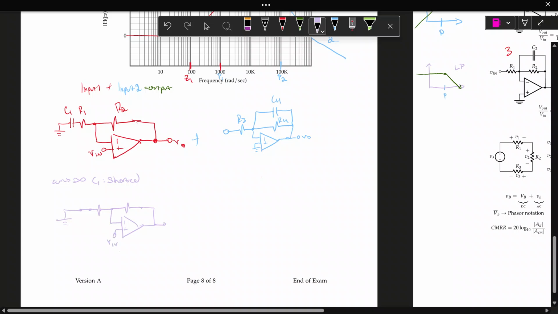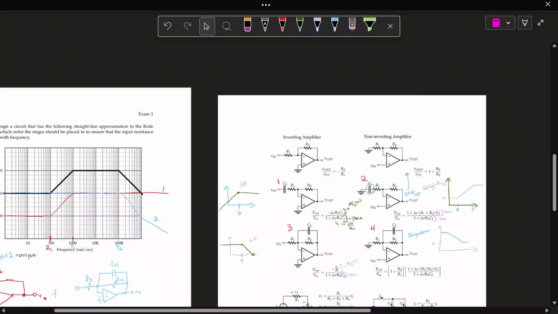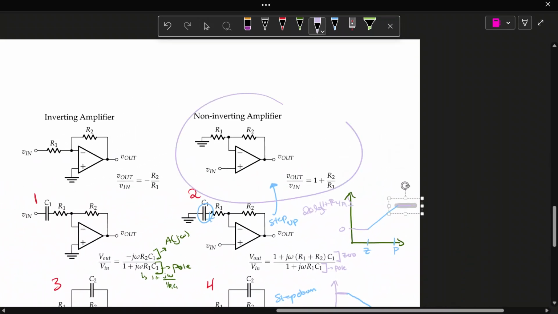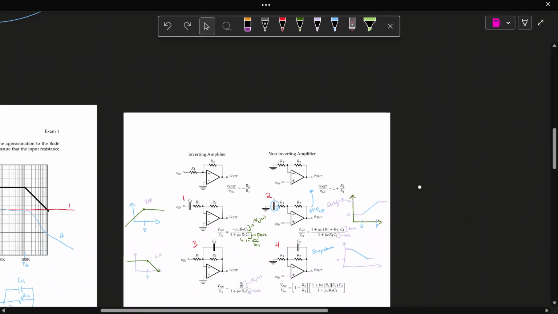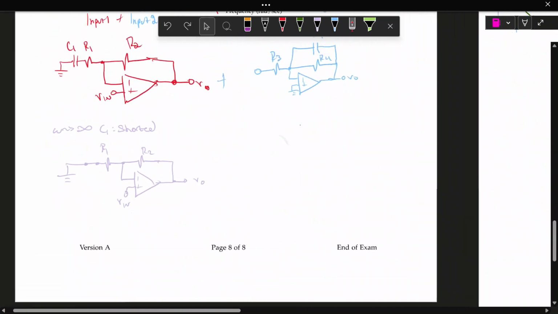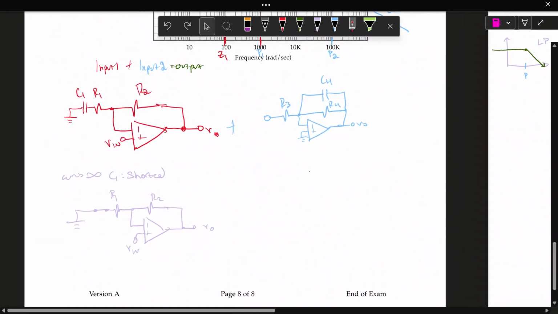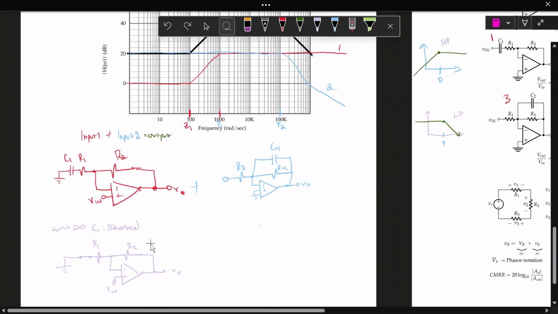This is Vn. What do we notice about this? That's just this here. So our non-inverting amplifier, when omega approaches infinity, must be the gain of a basic non-inverting amplifier.